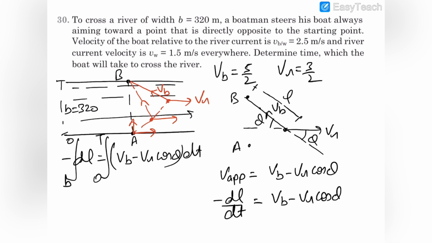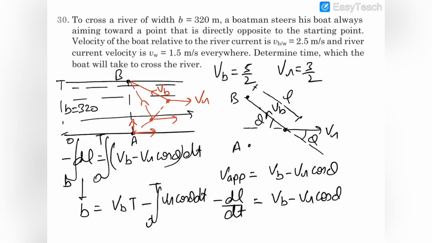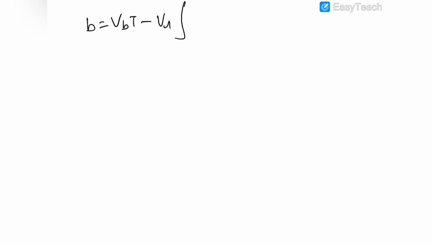Using the negative sign we can interchange the limits, and the limit will be B, and it is VB into t minus the integration of VR cos theta dt, with limits from 0 to t. So B is equal to VB into t minus VR, taking VR common, integral of cos theta dt from 0 to t.